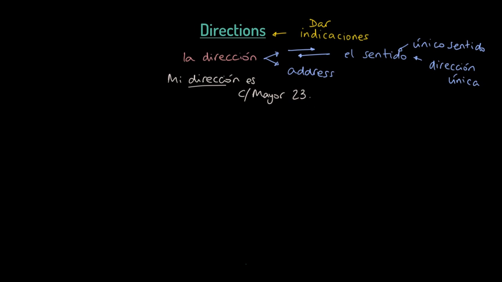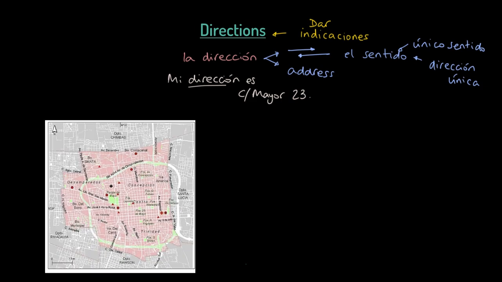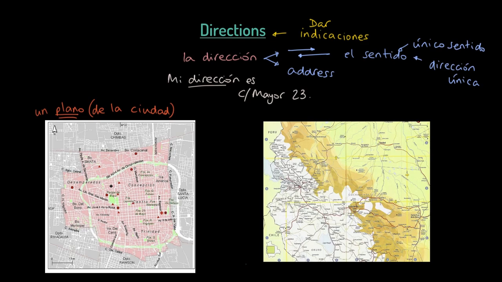So when we're going to give directions, we may use one of these, which is un plano de la ciudad, in this case, un plano. Or we may use one of these, un mapa, okay?